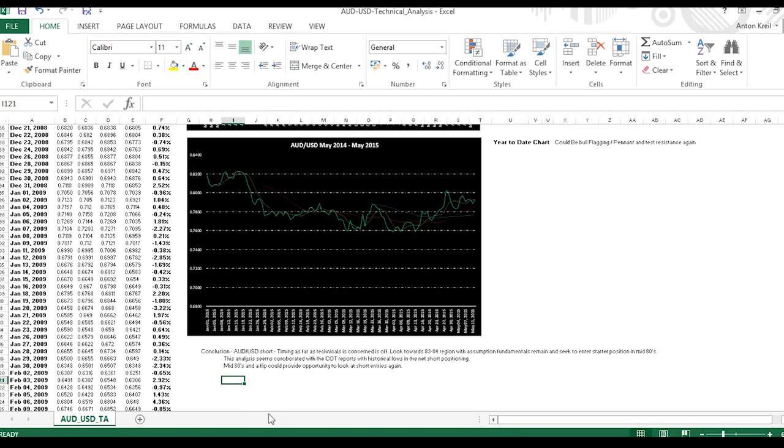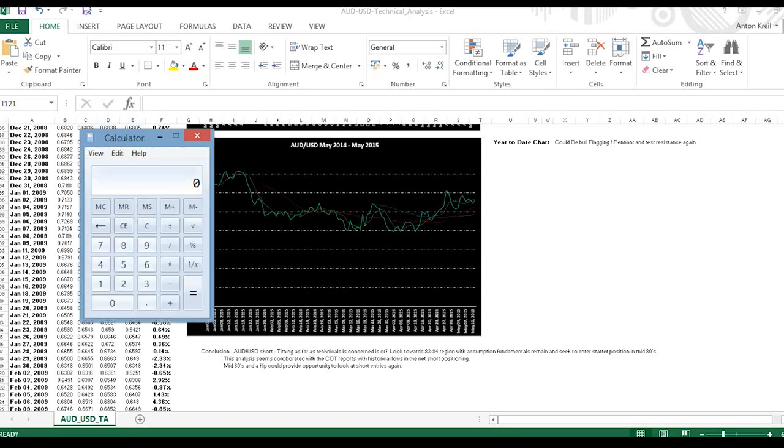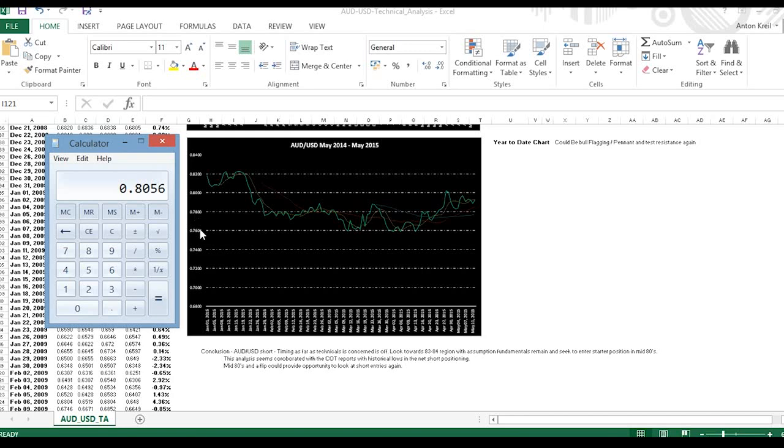Now if we think about the previous charts that we looked at, we had 6% rallies in the sell-off since 2012. So if we have a look at adding 6% to the low, which was 0.76 in this sell-off, so around here, we're looking at slightly above the 80 level, so 0.8056.